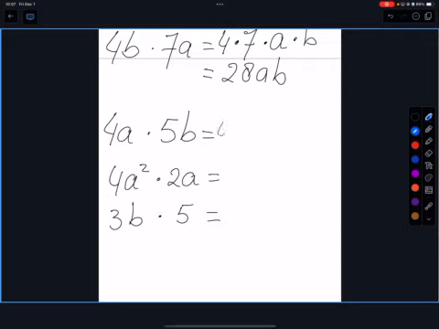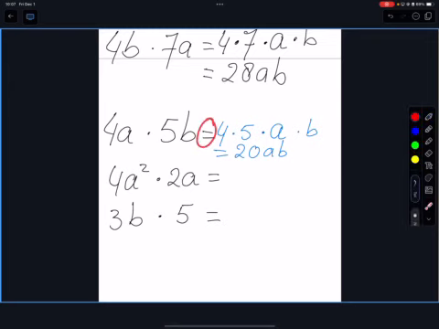So 4 times 5 multiplied by A times B. And your answer then becomes 20AB. Yes? Whatever is written 4 times A times B is the same thing as 20AB. It's the same thing. Yes? Equal sign means whatever is here is also there. It's in balance. The same thing is written.